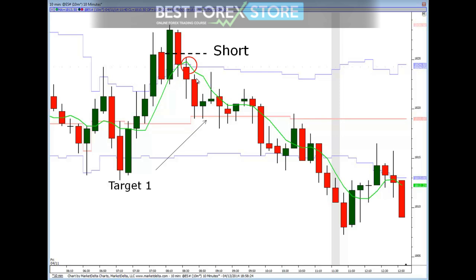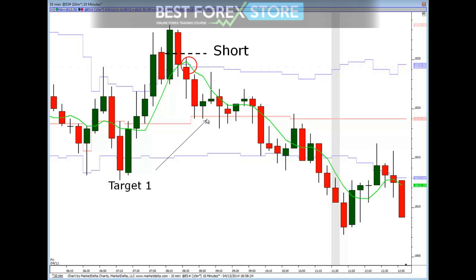So you have the volume point of control at 19, and you want to be two ticks above it, so 19.5. So certainly if you are able to grab a short at 23, 22, 22.5, 22.75, all those would be reasonable points to take the short. And that would be your first target.